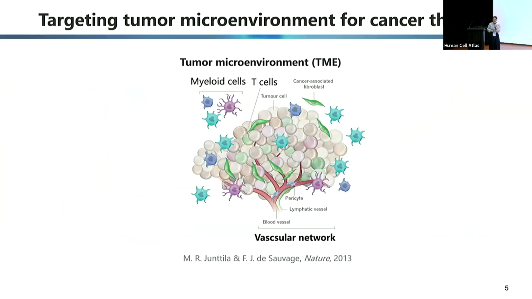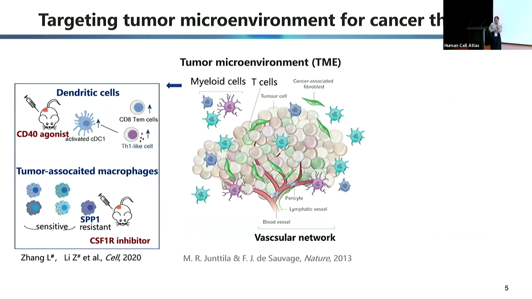Beyond T-cell-based immunotherapies, there is great interest in treatment strategies targeting other cells and components in the tumor microenvironment, such as myeloid cells. These strategies include CSF1R blockade that targets tumor-associated macrophages and the CD40 agonist for dendritic cells.